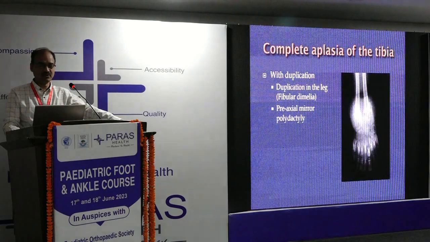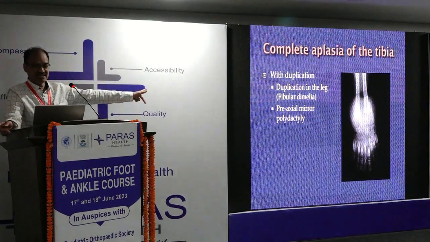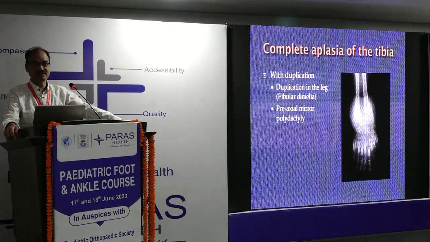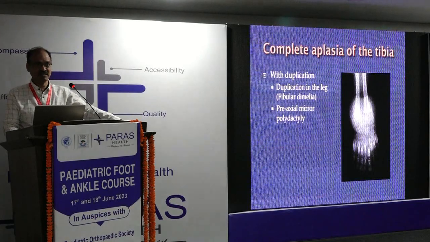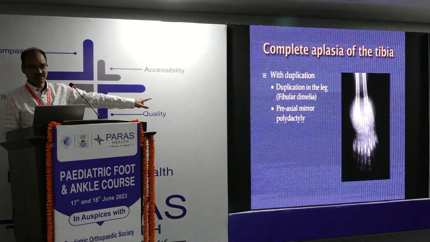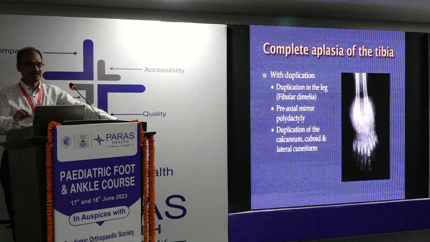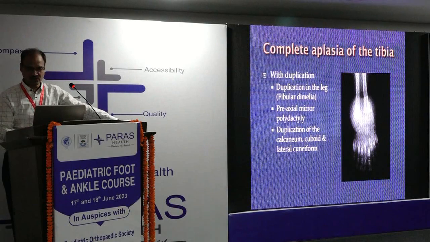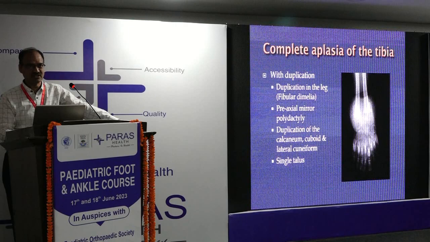We can see here a single talus and 2 calcanei. That will be present with mirror image duplication of the polydactyly. The central part is there, but it's a mirror image. Central is the first ray, with metatarsals laterally and medially on both sides. Duplication of calcaneum, cuboid or lateral cuneiform will be the picture with fibular dimelia, and there would be a single talus.